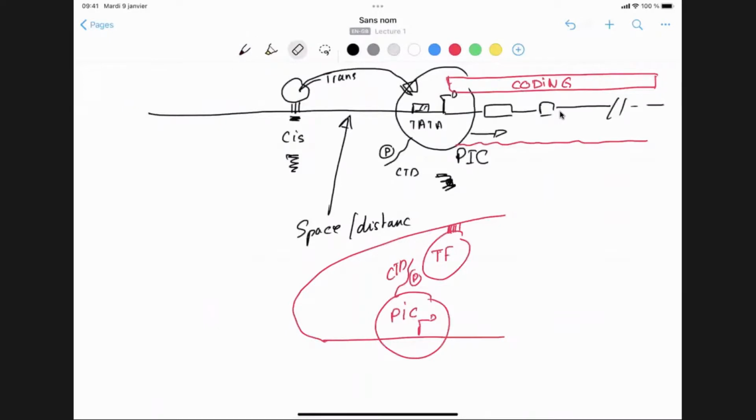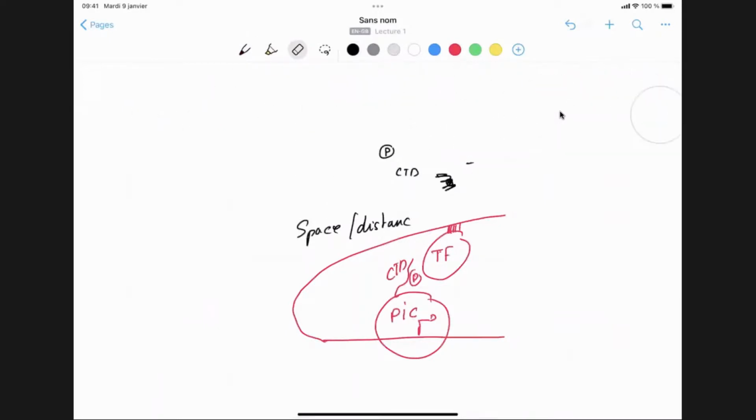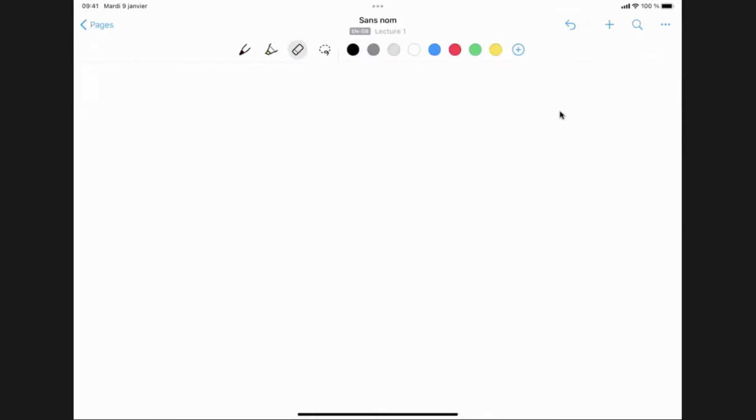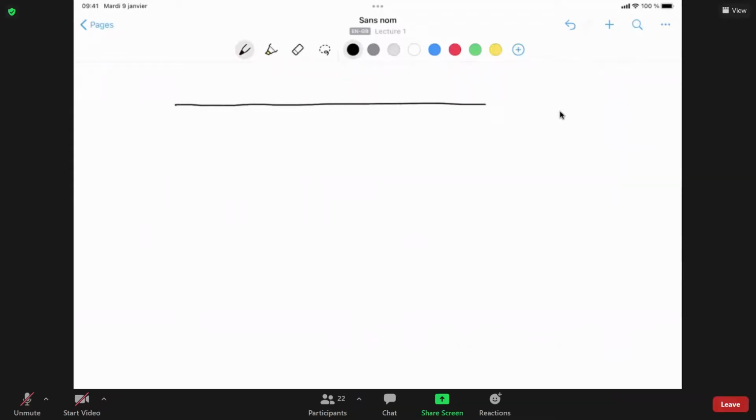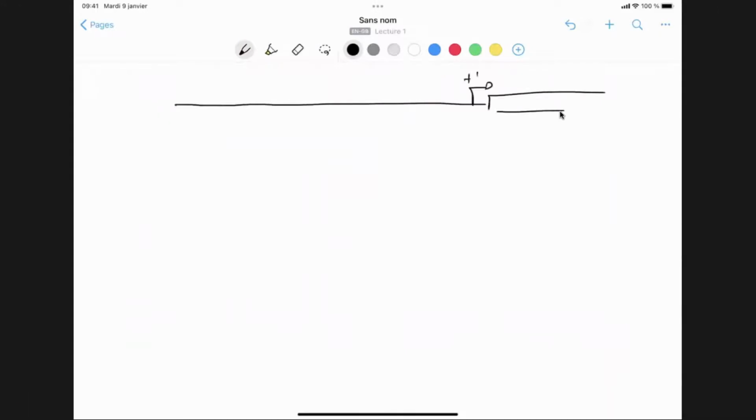Another point is the orientation of the sequences. I show you one example. You have one promoter, so the coding region, the peak is here, and we've got one regulatory sequence in that direction.